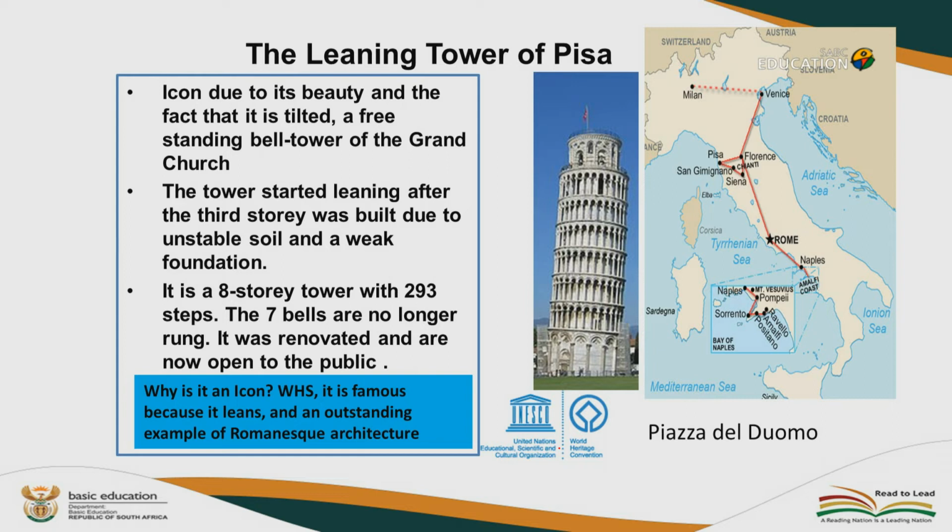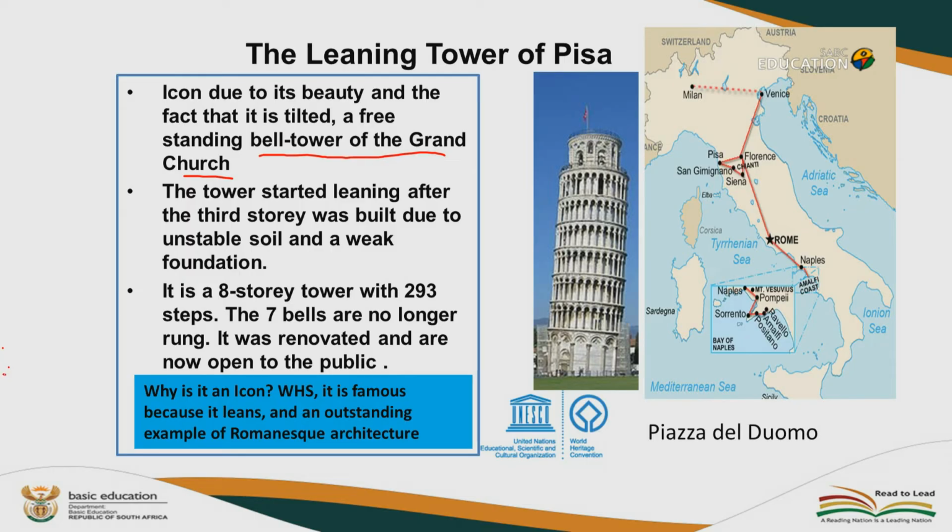The Leaning Tower of Pisa is an icon due to its beauty and the fact that it is tilted, leaning. It is a freestanding bell tower of the grand church. They say the tower started leaning after the third story was built due to unstable soil and a weak foundation. Remember I said that? It is an 8-story tower with 293 steps.